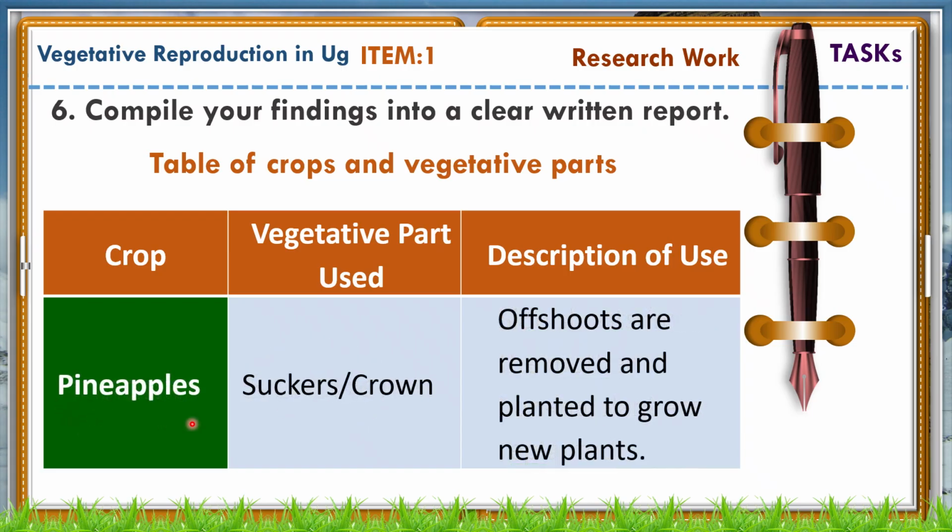We have the pineapple. For the pineapple, we can use the suckers or we can use the crown. The sucker is the one that grows from the plant, and the crown is a vegetative part that grows from the fruit. So here the offshoots are removed and planted, and they're the ones that are going to grow into a new plant.